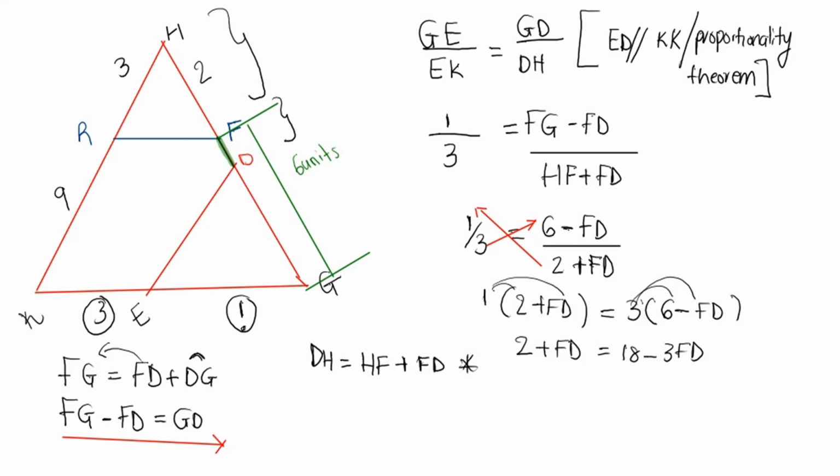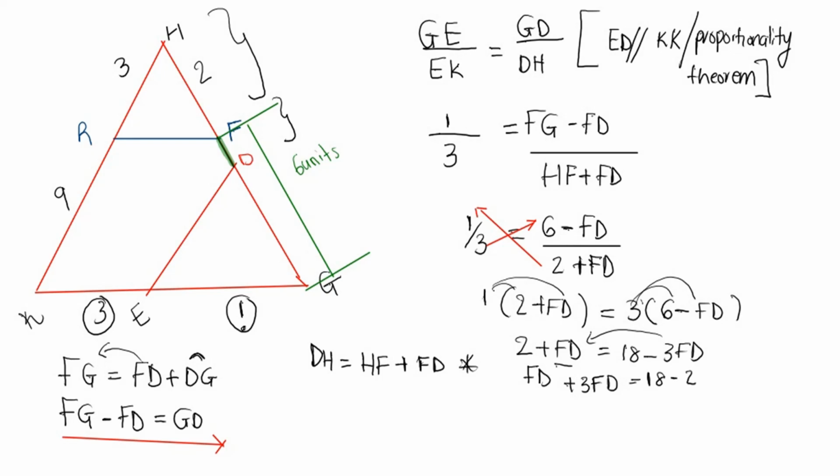And then here, guys, oh gosh, we are seeing the light. Everything is starting to look very simple. We are really just going to add all your like terms. So it's going to be plus the FD here plus your 3FD, because that moves to that side there, which is equal to 18 minus 2.